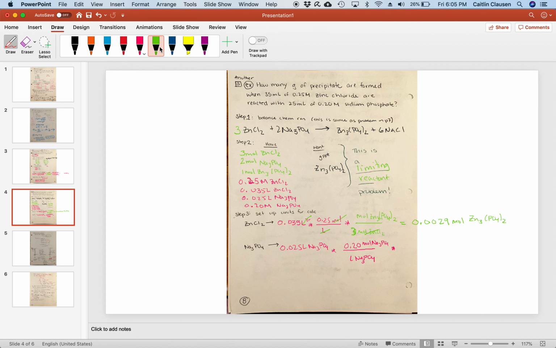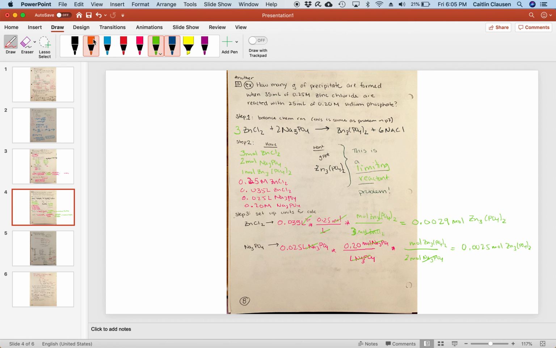And then using the balanced chemical equation, for every 2 moles of sodium phosphate, you get 1 mole of zinc 3 phosphate. The moles cancel, the liters cancel, and you end up with 0.0025 moles of product.